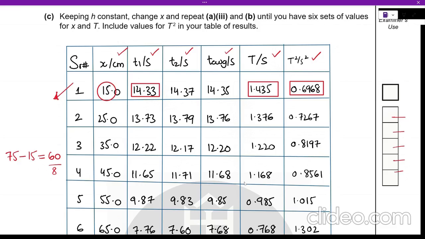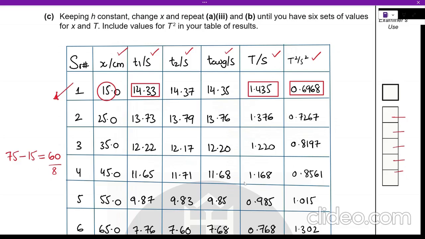For example, if you are taking a 10 centimeter difference, then it should be 10 centimeter for all, and if you are taking 5 centimeter, then it should be 5 centimeter for all, like 5, 10, 15, 20, 25. And if you are taking 10 like I have, then it is going to be 5, 15, 25, 35, 45, 55, 65. But try to cover the range.